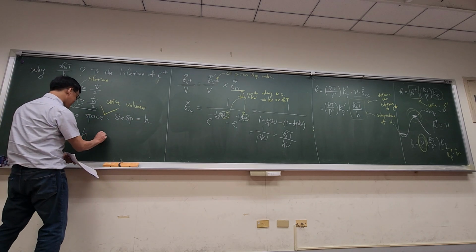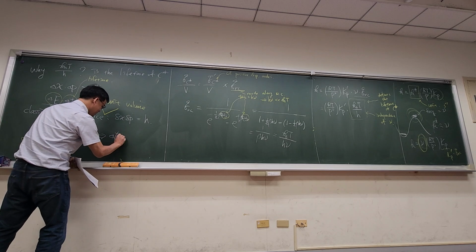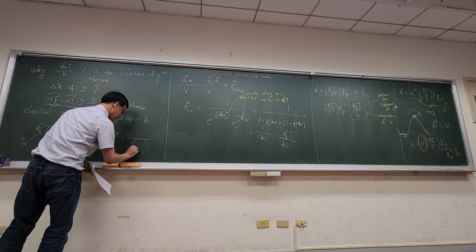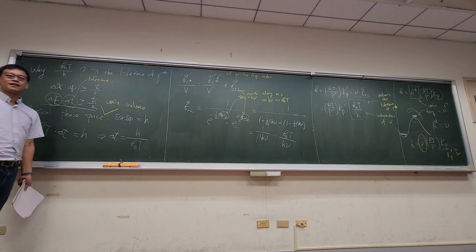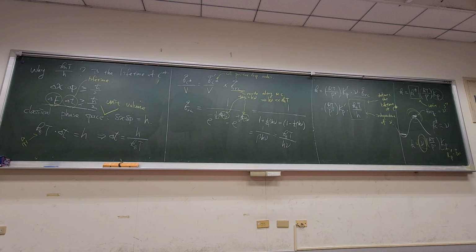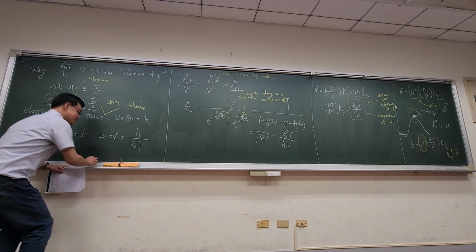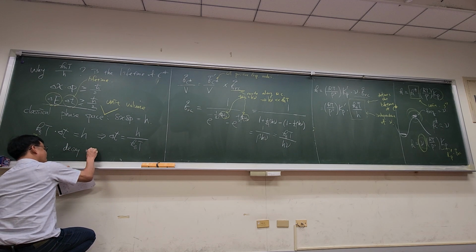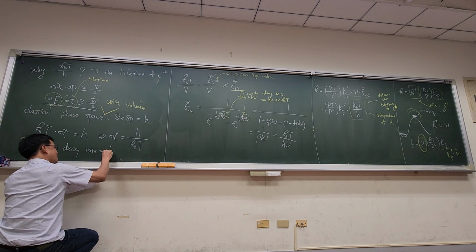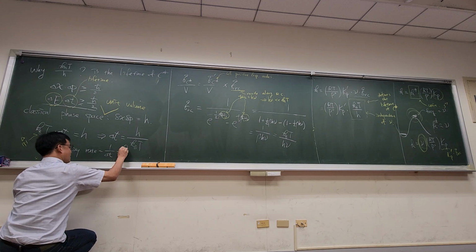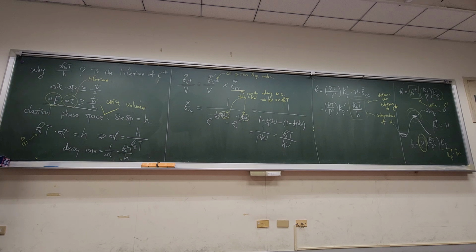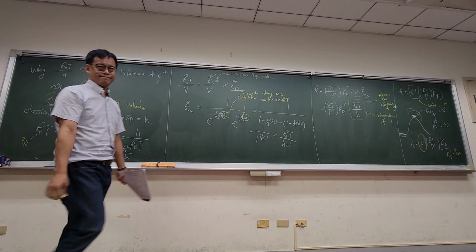And this tells us the lifetime is defined by h over kBT. So the lifetime is this, then the decay rate is kBT over h.